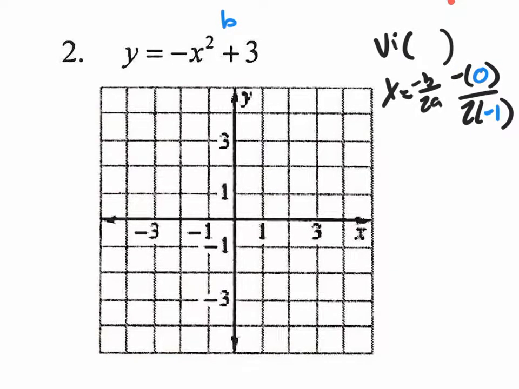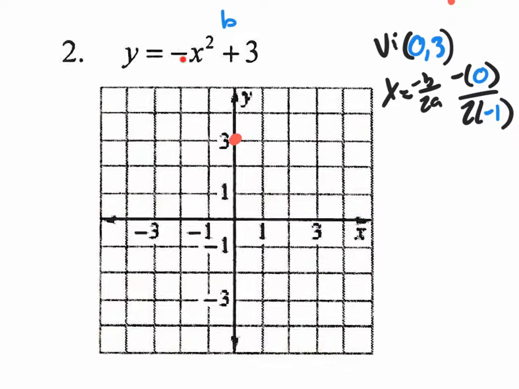Divided by anything, it's still going to be 0. So the vertex x value is 0. And if you wanted the y value, all you have to do is plug it in, and you'd get your output of 3, which would be 3 for the y. So either way, whether you're looking at it in standard form or vertex form, you're going to be able to find that vertex 0, 3.